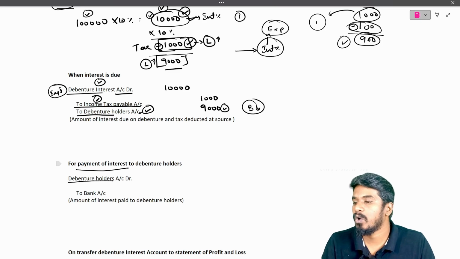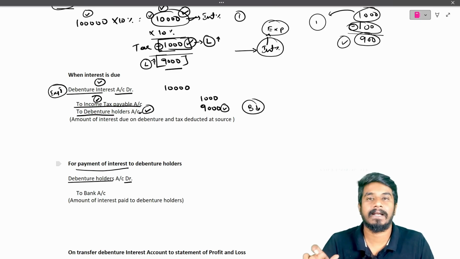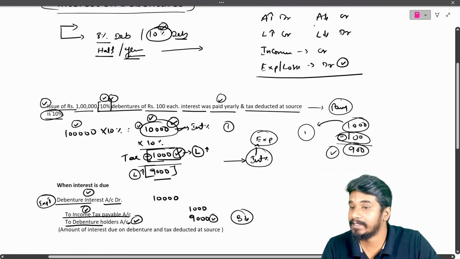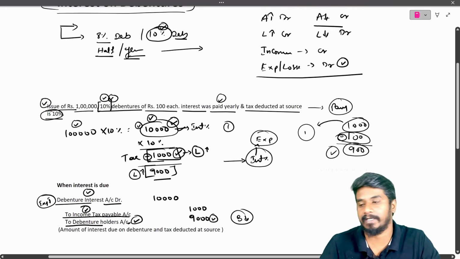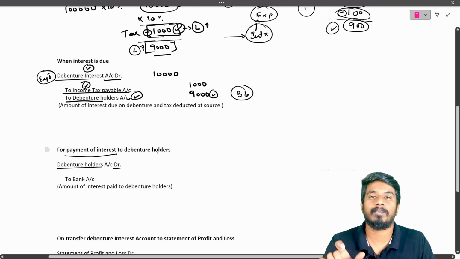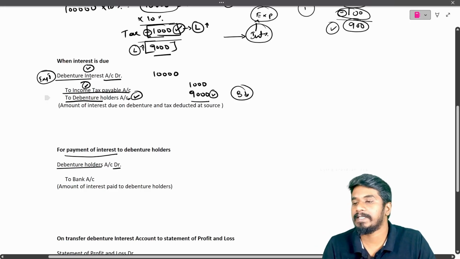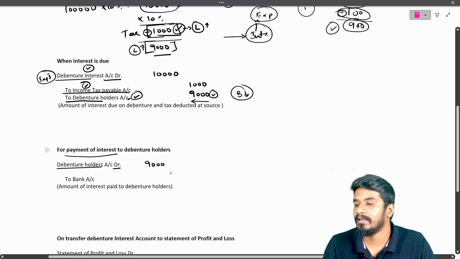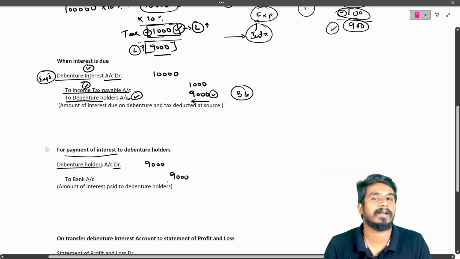So the debenture holders account will get debited and our bank account will get credited, because if an asset decreases, we need to credit it. The amount we need to pay to the debenture holders is 9,000, on the debit side and also on the credit side.